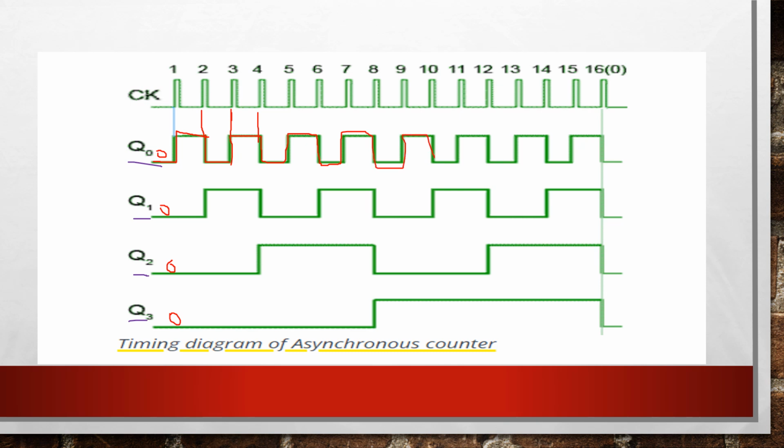So next, seeing the Q1. The Q1 gets flipped at this edge. It is 0, and at this edge point, it is flipped from 0 to 1. For the next edge, it is triggered from 1 to 0.